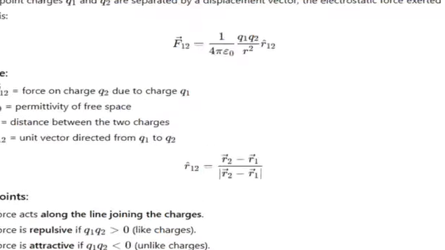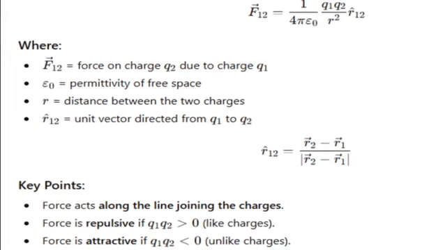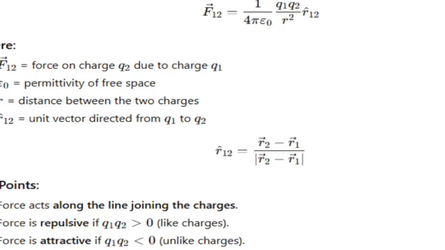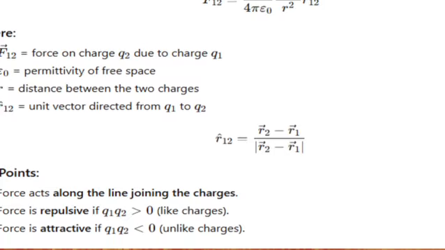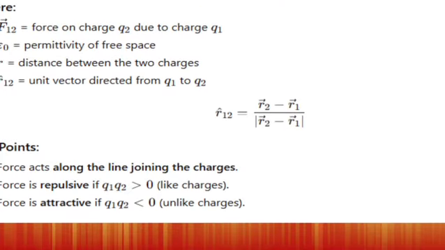Epsilon naught is the permittivity of free space, and R is the distance between the two charges. R12 is the unit vector directed from Q1 to Q2, and R12 is given as R2 minus R1 divided by modulus R2 minus R1.